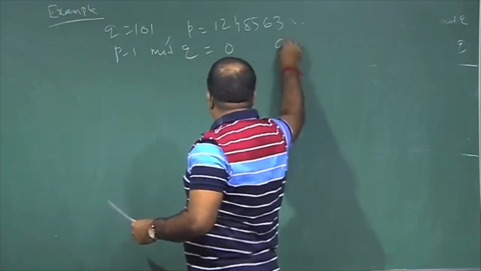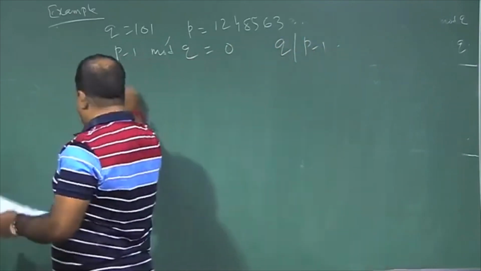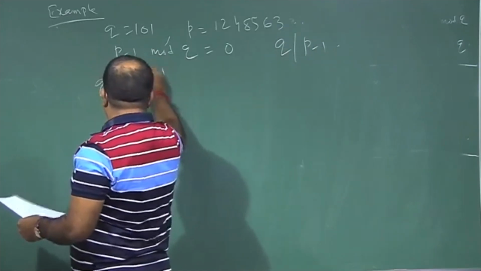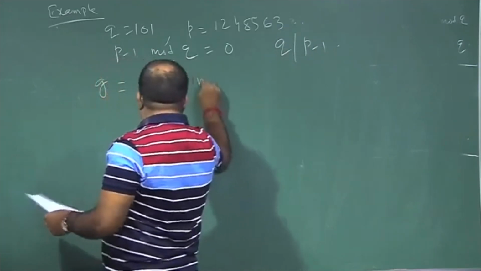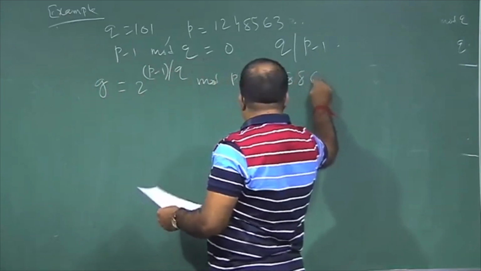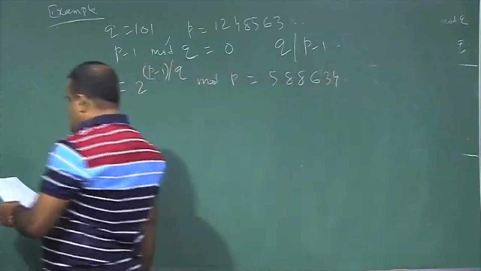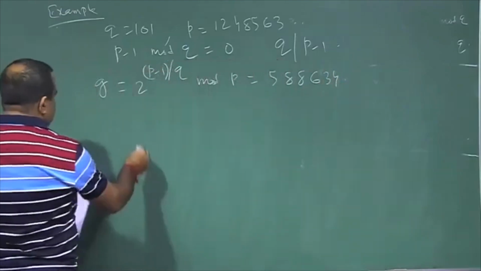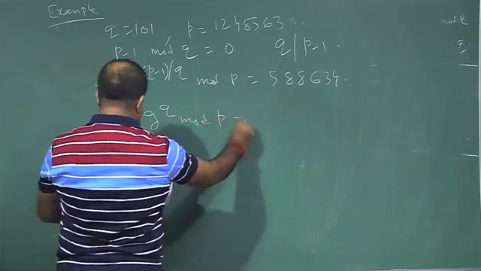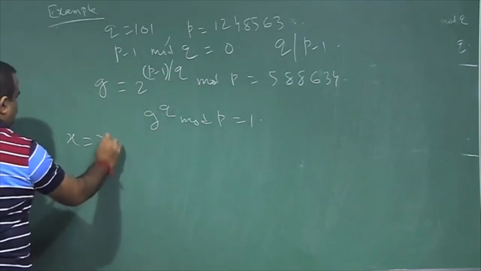So that means q divides p minus 1, which we can verify. Now we choose g, with h equal to 2. So g is h to the power p minus 1 by q mod p, which if we calculate is 588634. Then we can check g to the power q mod p is basically 1.